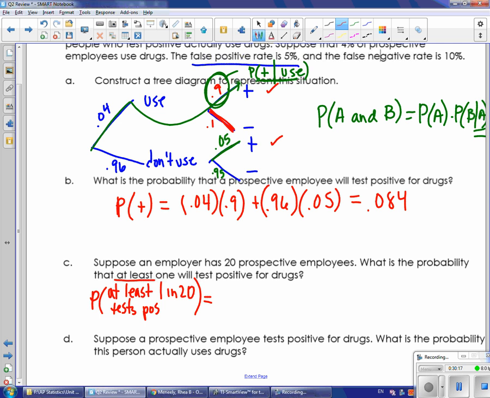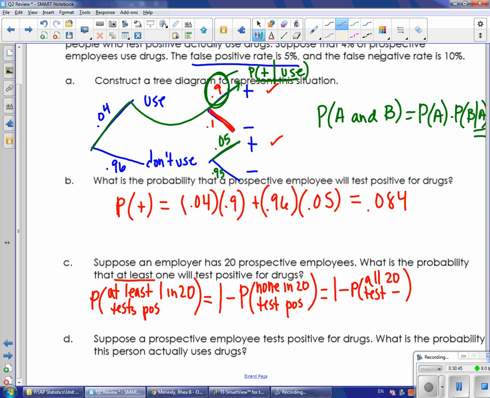So instead, I'm going to look at the complement. The complement of at least 1 would be none. So I'm looking at the probability, or 1 minus the probability that none in 20 test positive. Well, if nobody tests positive, that is the same thing as 1 minus the probability that they all test negative.